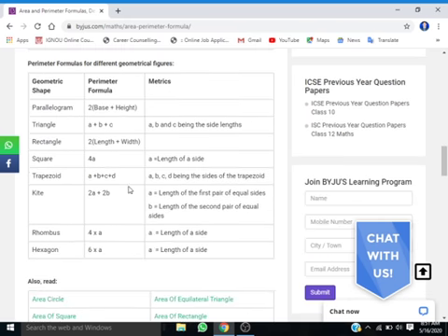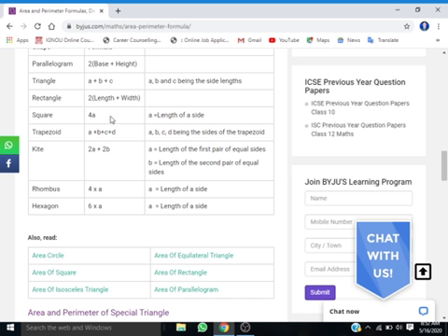Now next we want to discuss some perimeters of geometrical figures. For the parallelogram, perimeter becomes 2 times base plus height. Same pattern as we discussed for the rectangle, 2 times L plus B. When we discuss the triangle, perimeter becomes the sum of all sides, that means a plus b plus c, if a, b and c are the lengths of the sides of the triangle.